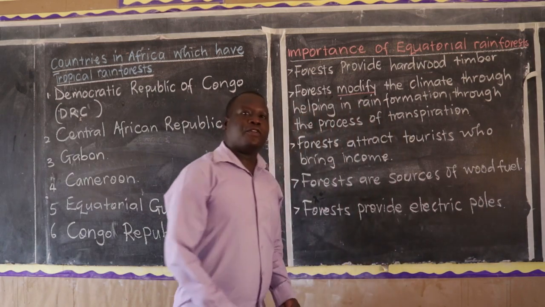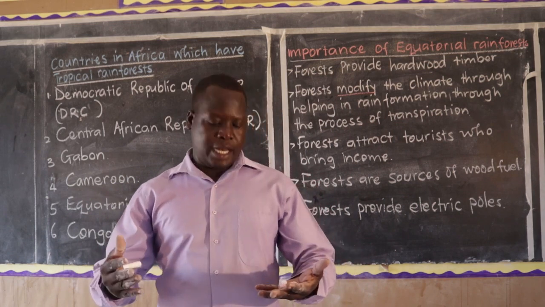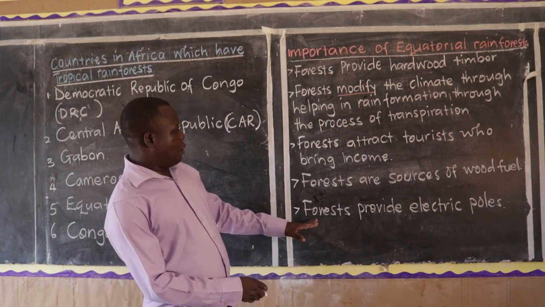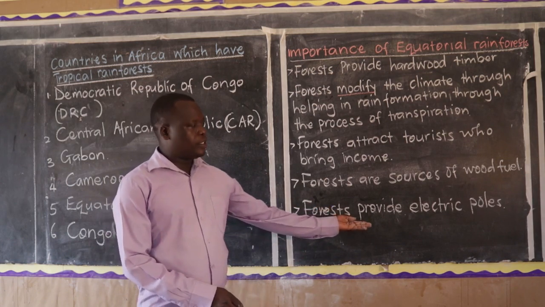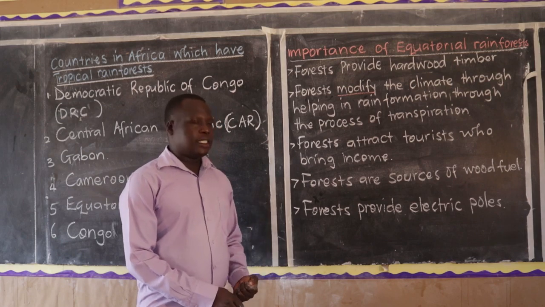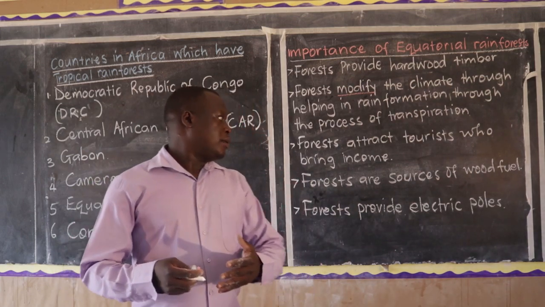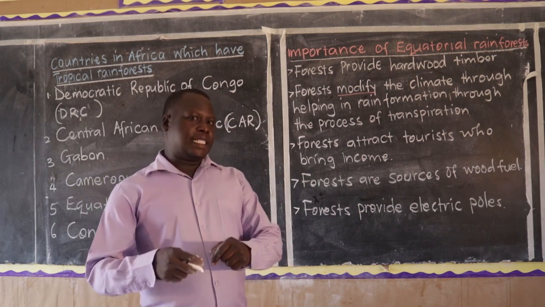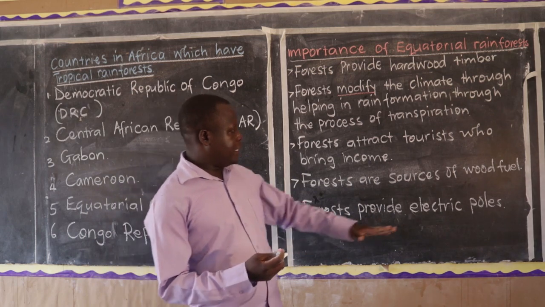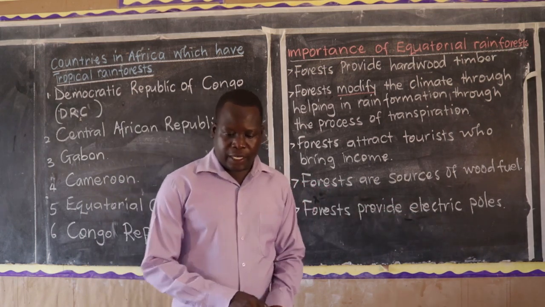Some time back, when metals had not yet come very well, most of the electric poles were got from these forests. However, today the government are trying to use metals to extend electricity from one place to another. Could be it is just a way of conserving this very forest.